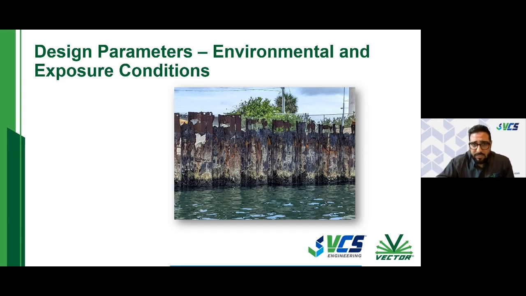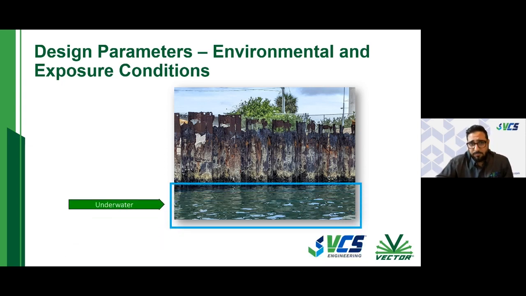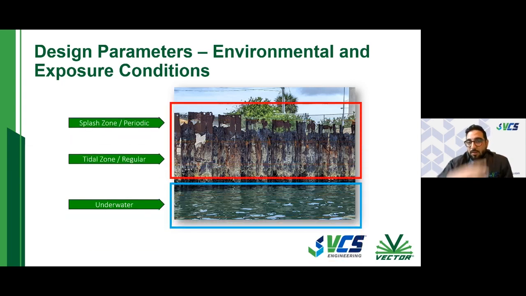The important thing to note is that there's an underwater region of that sheet pile, which does have corrosion activity going on, but there are also other regions experiencing corrosion, such as the tidal zone, which is exposed to regular wave action, and then the splash zone, which is atmospheric, but from time to time can experience wave action as well. All three of these regions are experiencing corrosion at different rates.